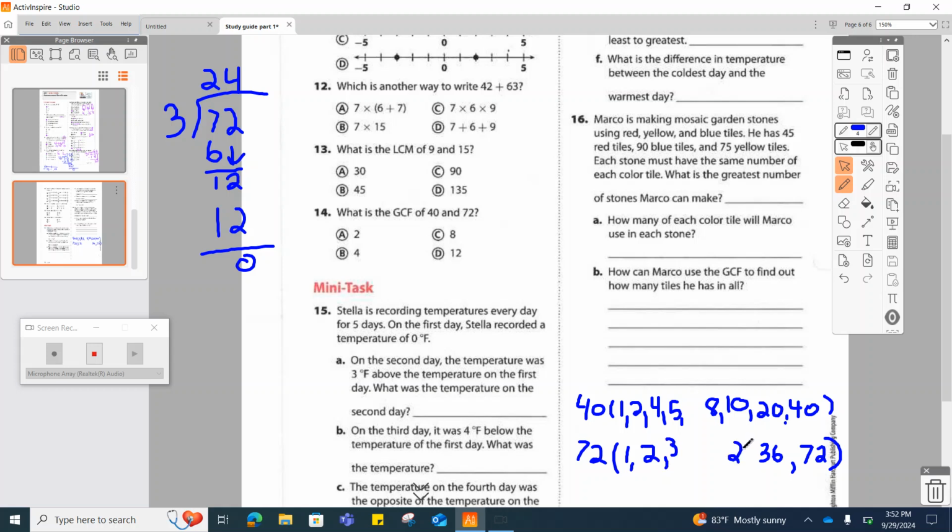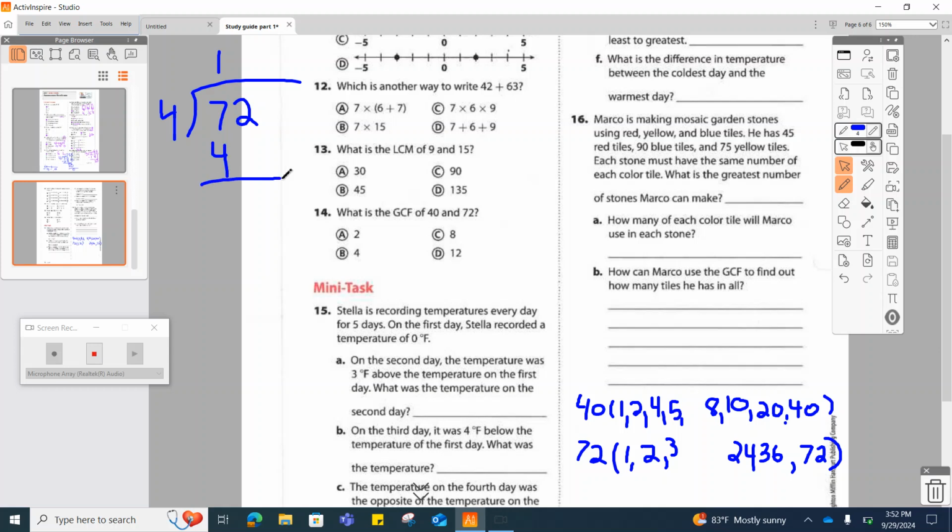Is 72 divisible by 4? If you have a multiplication chart, your multiplication chart does not go this high, so you have to be able to do some of this division. So we've been doing a lot of division in this class, so let's see. 4 goes into 7 1 time. 1 times 4 is 4. Subtract, 7 minus 4 is 3.